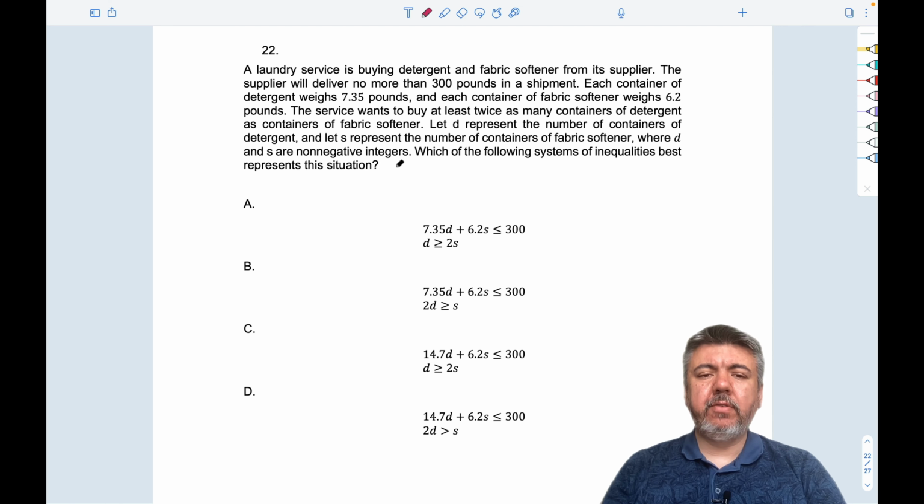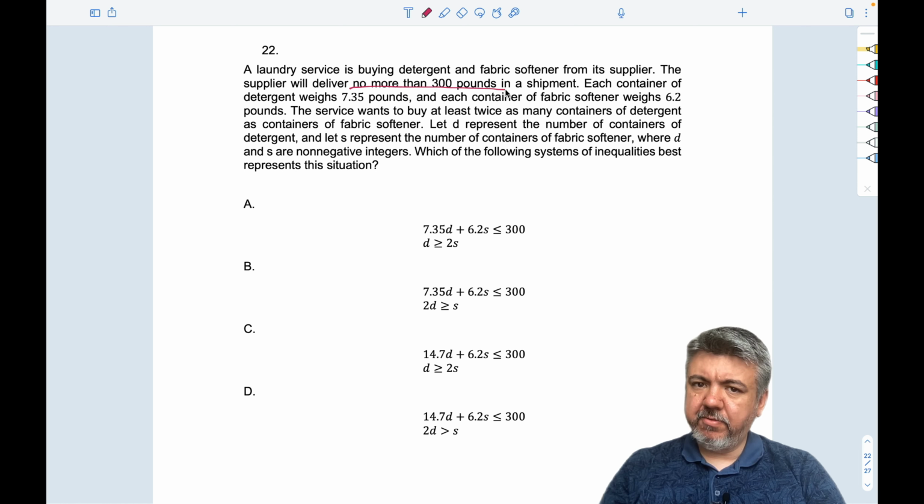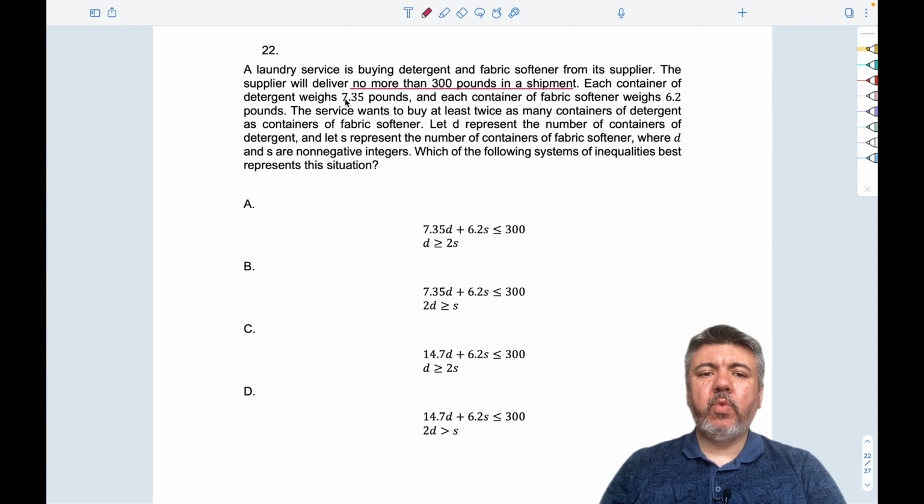22. A laundry service is buying detergent and fabric softener from its supplier. The supplier will deliver no more than 300 pounds in a shipment. Each container of detergent weighs 735 pounds and each container of fabric softener weighs 6.2 pounds.